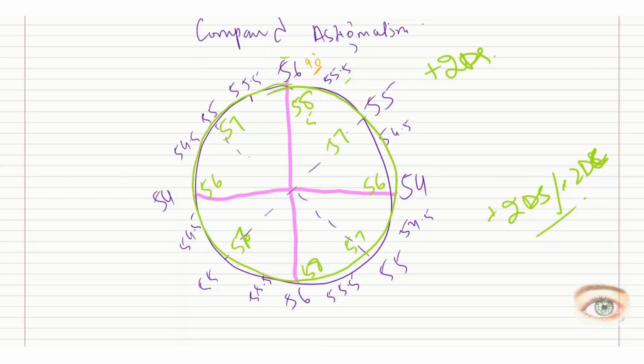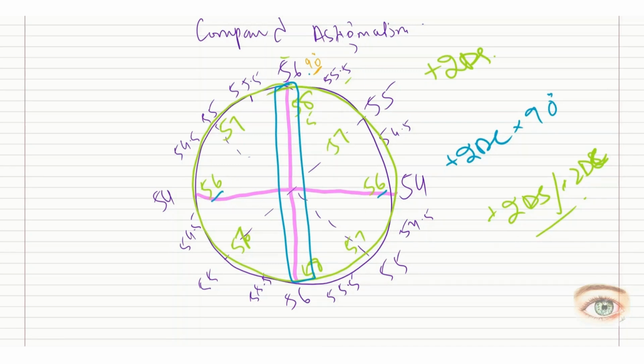This 180 degree meridian has become 56. Now I need a plus 2 diopter cylinder. At what axis? I need power at 180 degree meridian, so I'm going to place it at 90 axis, right?